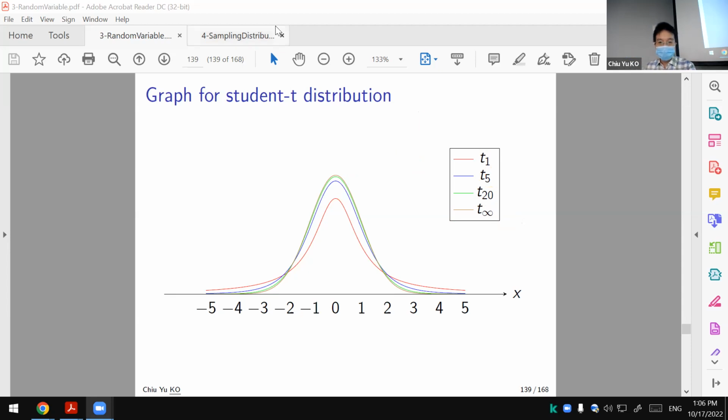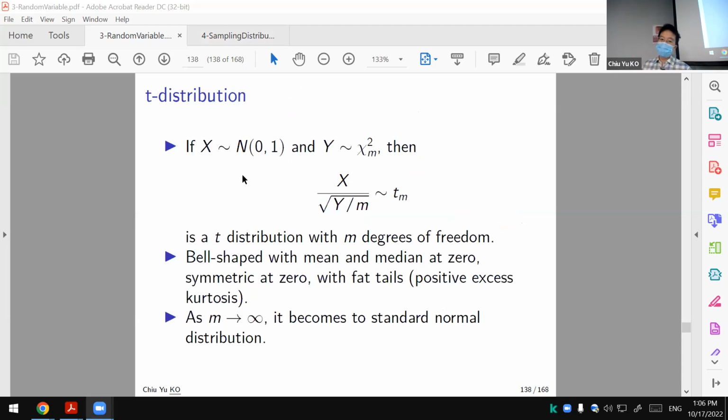Some terminology: why I have "student" here, and why they call it T. There's a story. This was written by a mathematician who wrote this research and sent it to a journal, a publisher, under the pen name "Student".